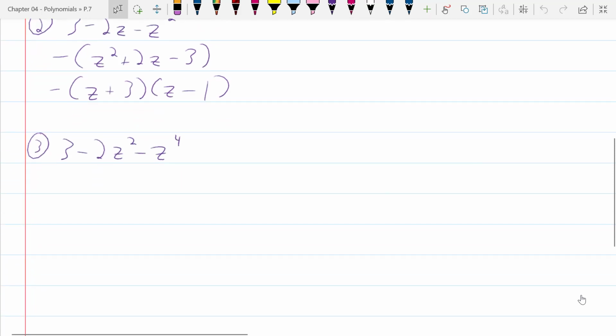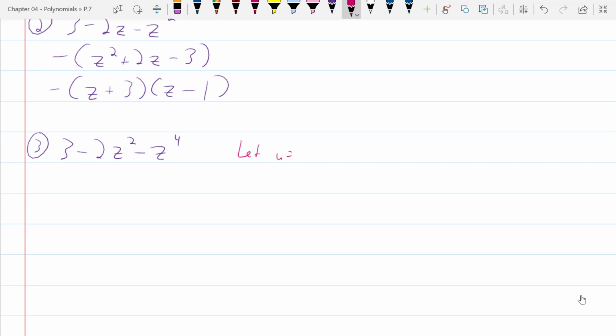Anyway, this could be modeled as a quadratic. If I say let u equal z squared, and that means u squared is z to the 4th, then this just becomes 3 minus 2u minus u squared. Now, you don't really have to write it like that, and I'll show you why.